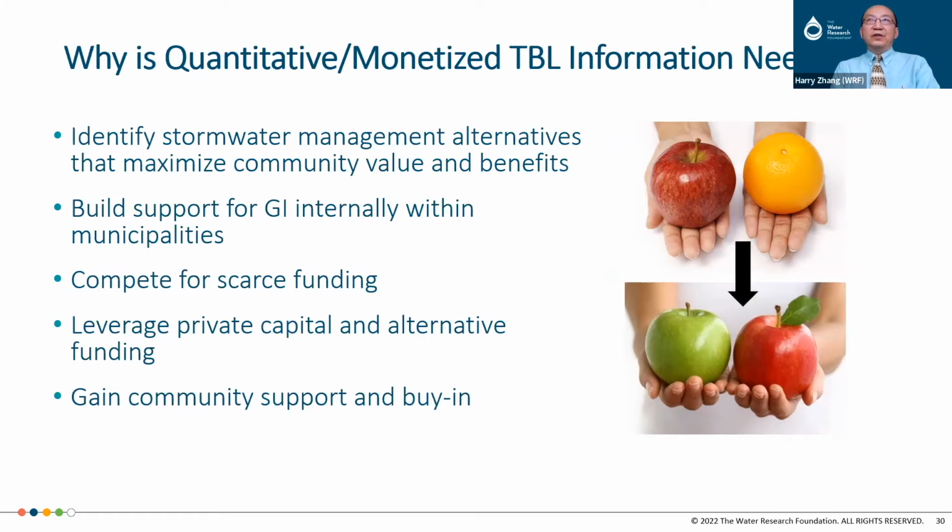This also shows teaming up with the private sector, private capital, from showing the benefit generated by this kind of green infrastructure. And in the end, you really want community support and buy-in to ensure success. Whatever you do, you need community support in order to maximize your success.